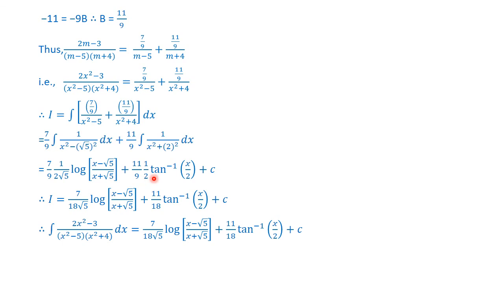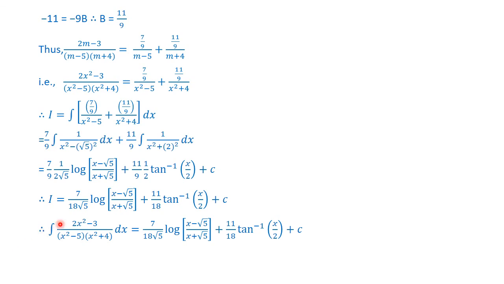So 1 by 2 tan inverse of x by 2 plus c. Therefore I is equal to, see this calculation, 7 by 18 root 5 into log of this term as it is, plus 1 into 11 is 11, 9 into 2 is 18, 11 by 18 tan inverse of x by 2 plus c.